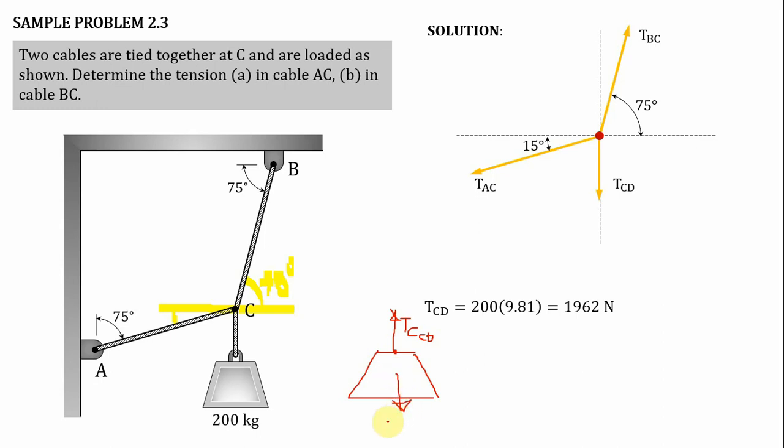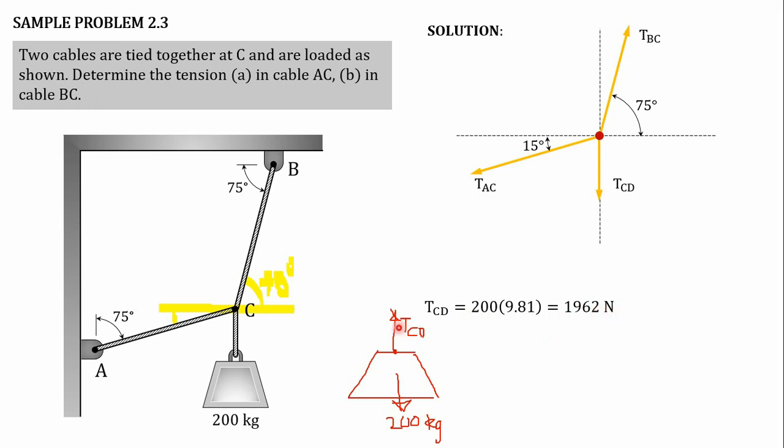If we want to solve tension CD, mag-summation of forces lang ako. Summation of forces vertical is equal to 0. That's why tension CD is equal to 200 kg. Since mass naman yan, convert ko lang siya into weight. So therefore, tension CD is equal to 1962 Newton.